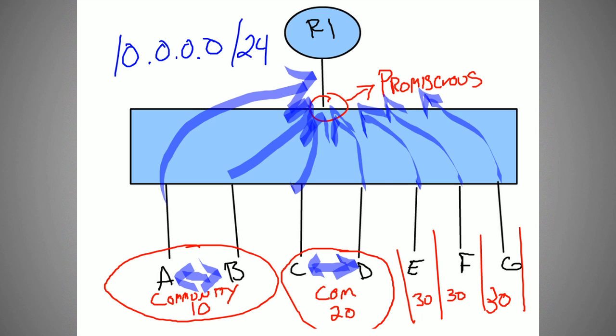Actually, technically, you don't have to use extended VLAN numbers, but when you are in transparent mode, you are allowed to use extended VLAN numbers. So since you can have a lot of VLANs created to get a complex policy for the private VLANs, a lot of the times that's where those extended numbers are going to come from. Because every community would have to be its own VLAN number, and then the isolated VLAN, there would be one isolated VLAN per private VLAN.